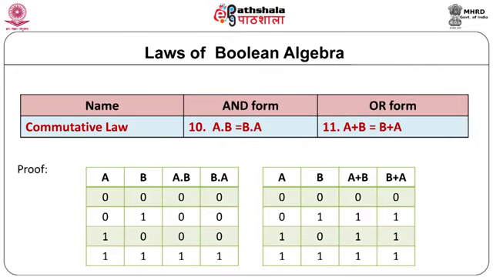Similarly, the commutative law for sum terms is A or B is equal to B or A. The law states that the order in which the variables are ORed will make no difference on the output.